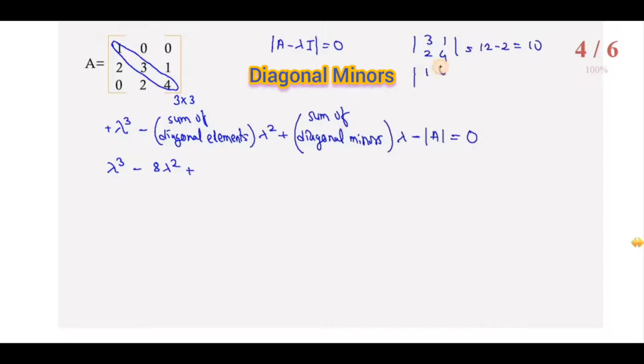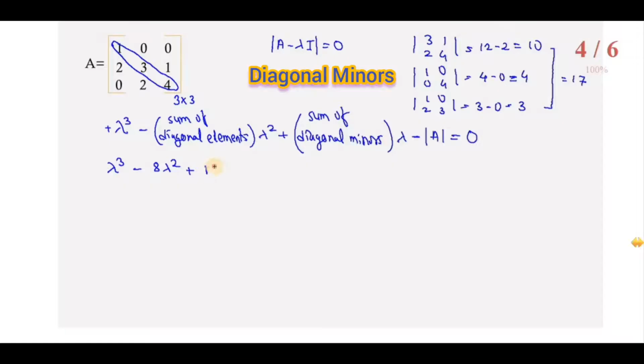The determinant is 4 minus 0, so this will be 4. Then for the third, we hide this row and this column and we get 1, 0, 2, 3. So 3 into 1, 3, minus 2 into 0, 0, that is 3. So the addition of these 3 diagonal minors, 10 plus 4 plus 3, gives us 17.